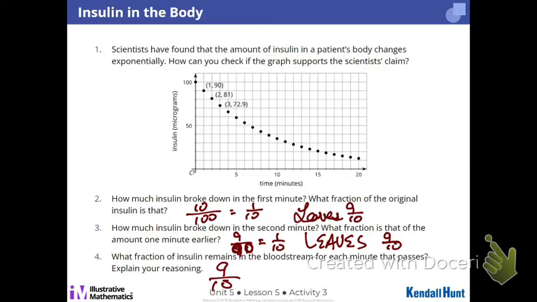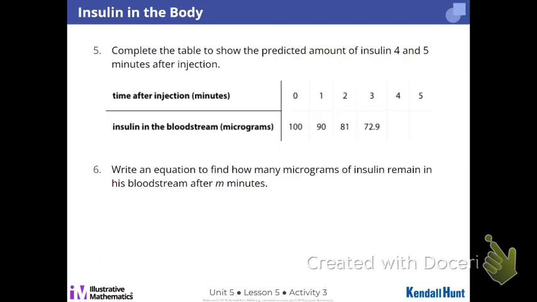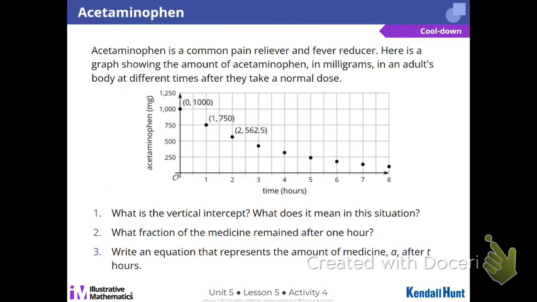So let's build this function now. 100, 90, 81, 72.9. If I want 9/10, I'm actually going to multiply by 0.9. You know I'm a big fraction guy, but times 0.9 in the calculator is a little nicer.